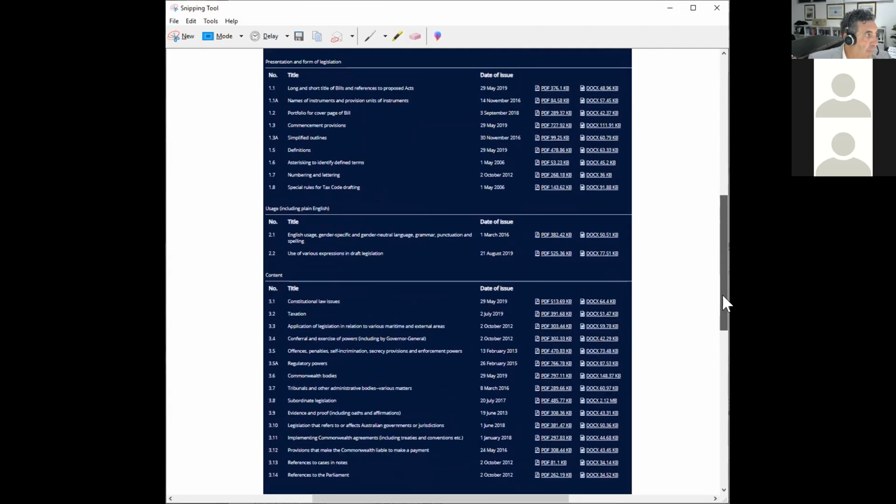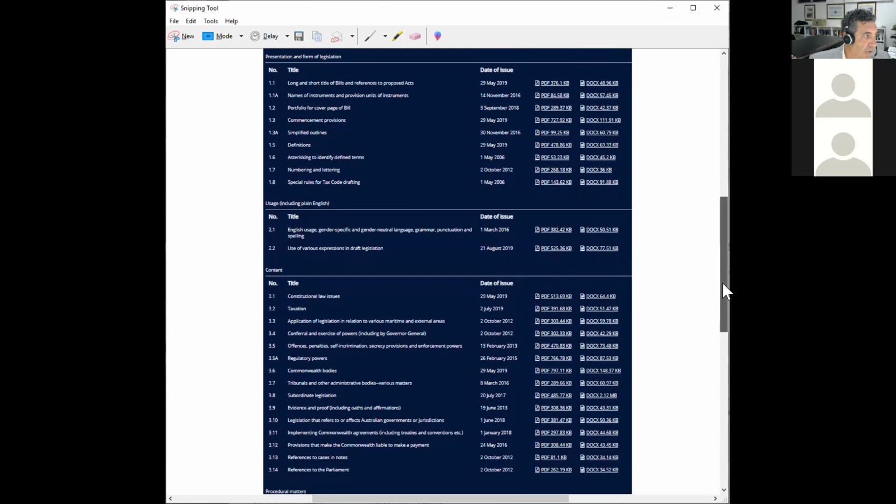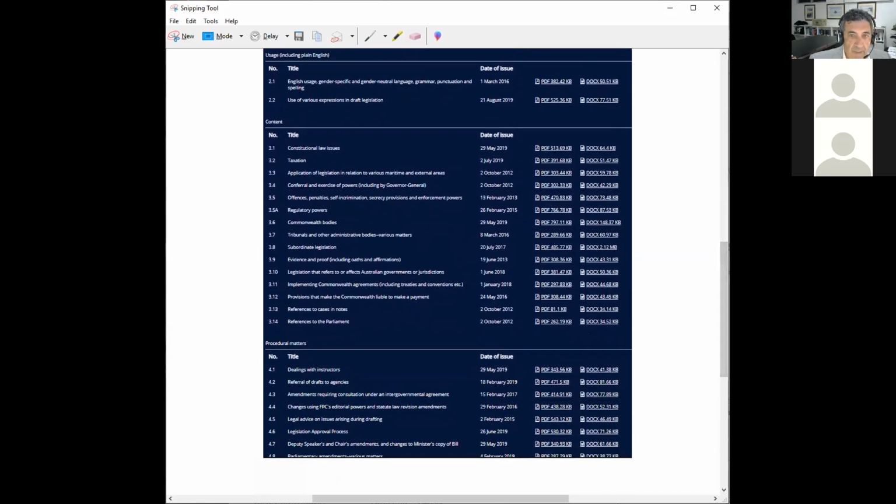For example, the long and short title of bills, 1.1. 1.3 commencement provisions, 1.5 definitions is also important. Number 1.7 lettering and numbering, etc. So initially you'd be interested in the presentation and form of legislation, but then it flows on to issues around usage, content, and procedural matters.